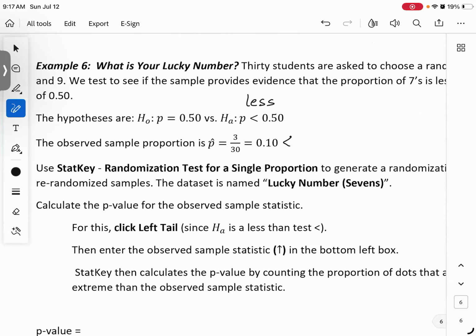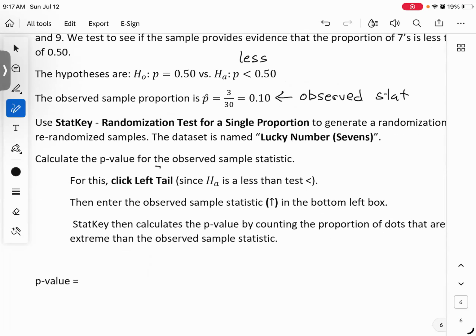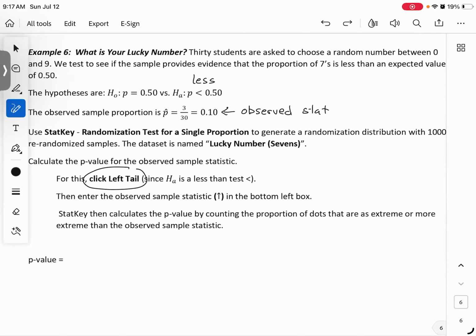And then when they actually do a statistic, they get a result of 0.10. So we'd be going over to the left tail, again, less than, left tail. But that observed statistic is what we want to find the p-value for. Was that a fluke or was that not a fluke?